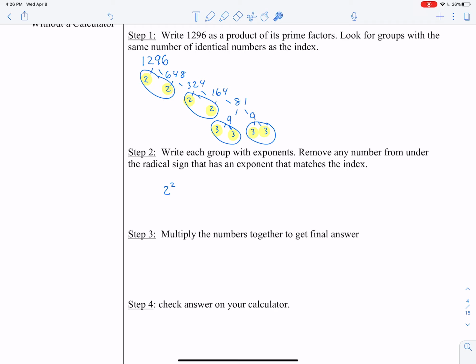So I'm going to write it as 2 to the 2 times 2 to the 2 times 3 to the 2 times 3 to the 2. Okay, so each of these groups has been simplified. This group is represented here, this group is represented here, this group is represented here, and this group is represented here.